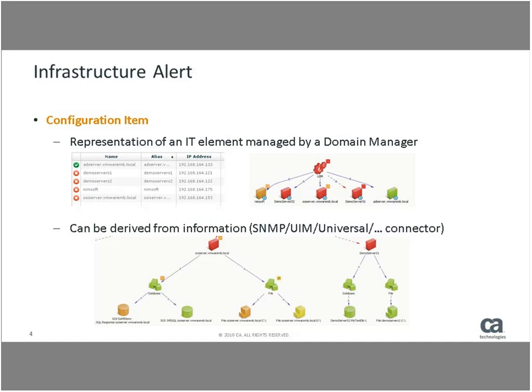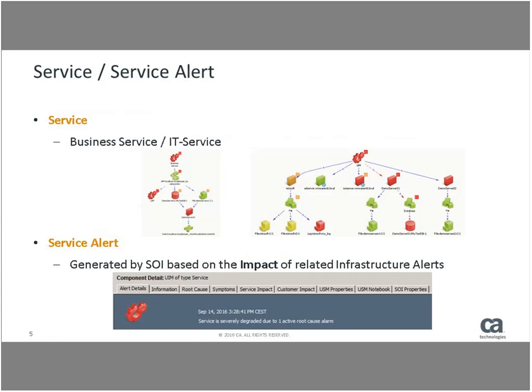Everything else will be connected to the device level object. So this is a very basic concept for SOI you have to think of, especially when we now go to the next level, which is a service. What is a service? There are different types of services.